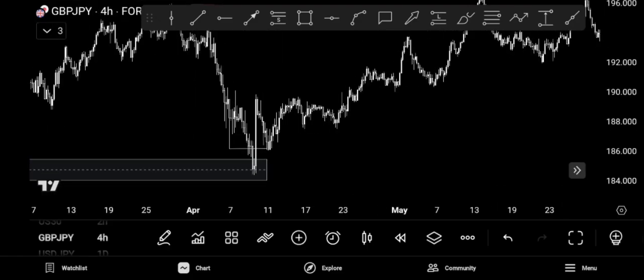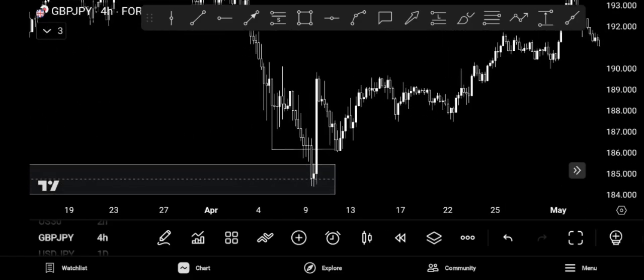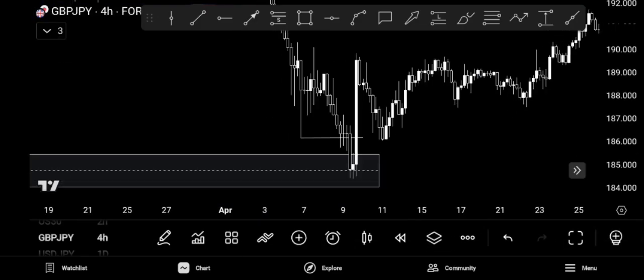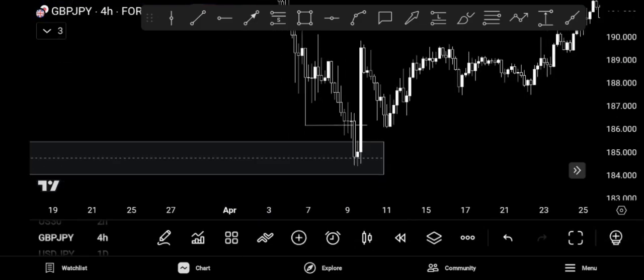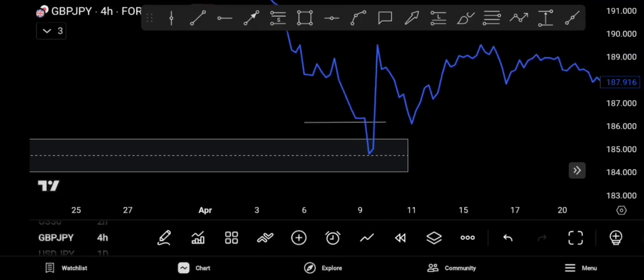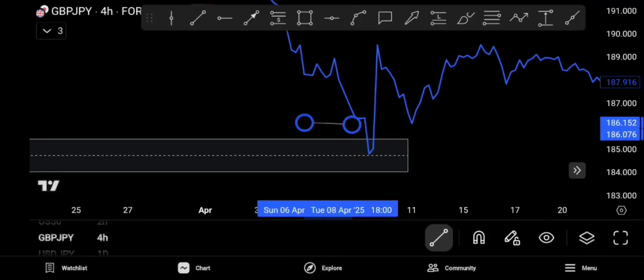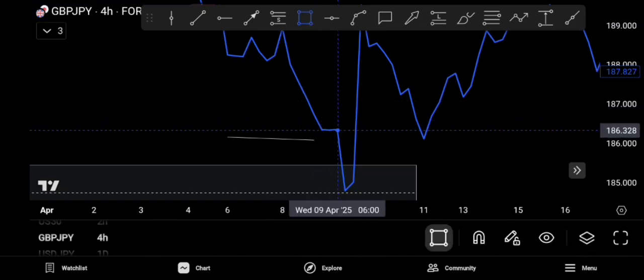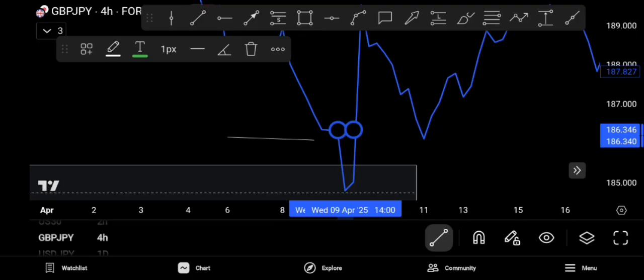So we have our sweep there. What do we want to use now to identify our breakout? We use our line charts. Yes, now you can see that there was a breakout here.